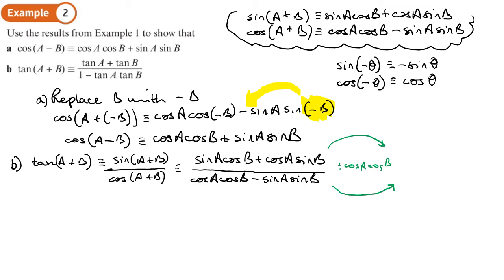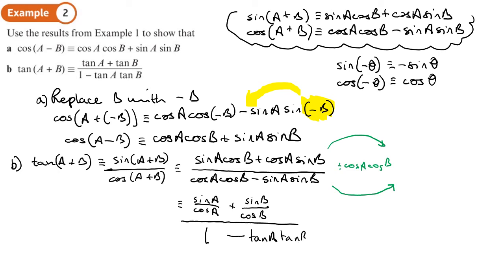So if we do that, the first term divided by cos A cos B, well, the cos B will cancel out, leaving me with sine A over cos A plus, and the second term, if I divide that by cos A cos B, the cos A will disappear, leaving me with sine B over cos B. And then the bottom, again, dividing by cos A cos B, well, that's just going to leave me with 1 minus, and dividing sine A sine B by cos A cos B will just leave me with tan A tan B.